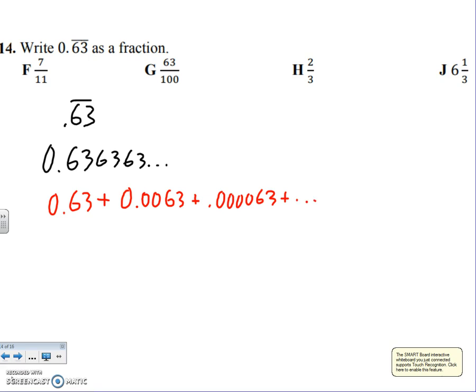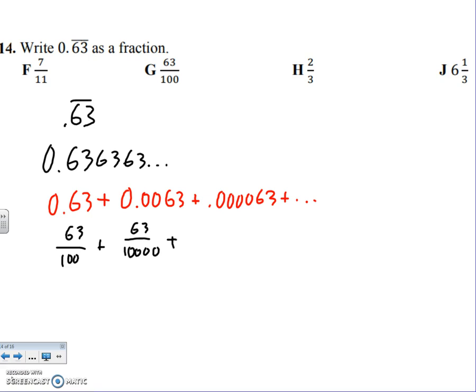Notice this fraction is 63 over 100, plus this is 63 over 4 zeros, 10,000, and it repeats.